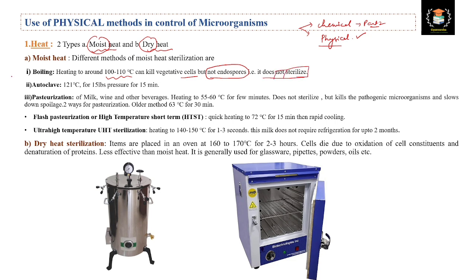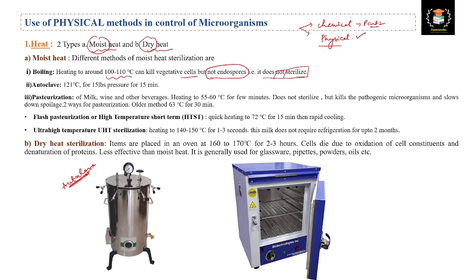Next is the autoclave. This is an autoclave. It is just like a pressure cooker. This is the compartment where you put your things such as flasks, media and everything.